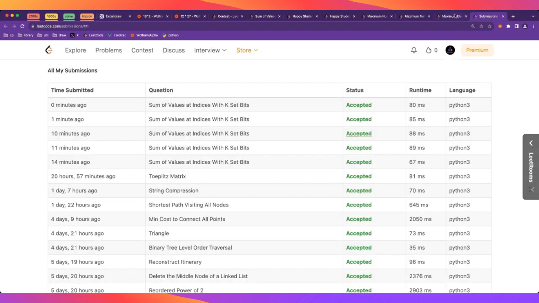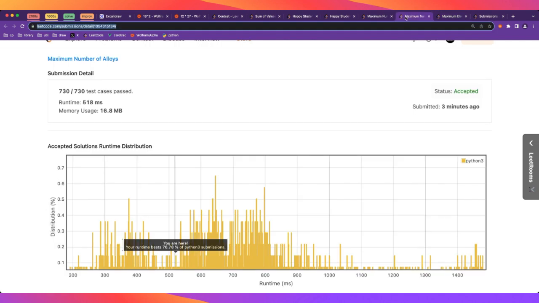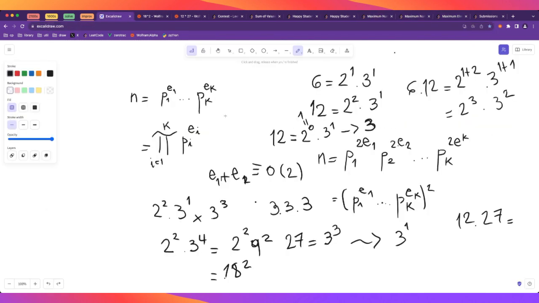No, I'm just kidding. All right, so that means that if we factorize the numbers and we substitute the exponent of the prime by the exponent mod 2, then we'll have a representative of that number, and all the numbers in that class can be paired between them, and when you multiply them, you'll get a square.